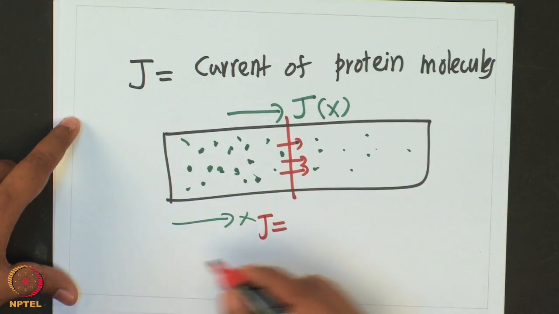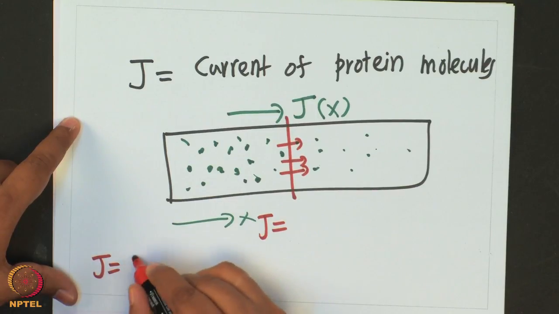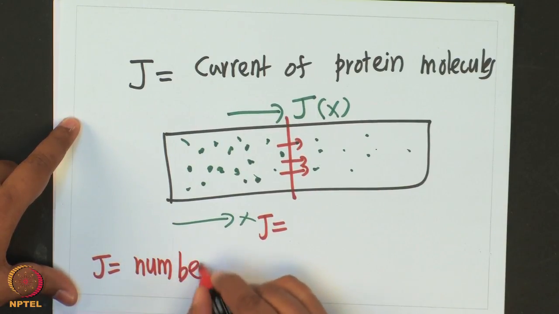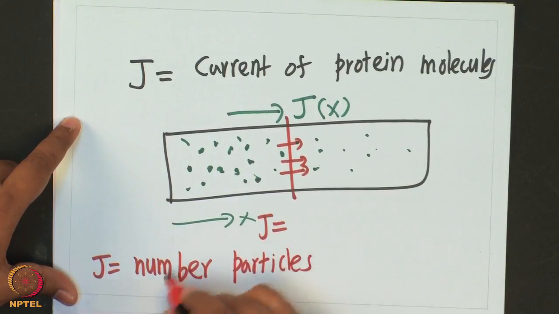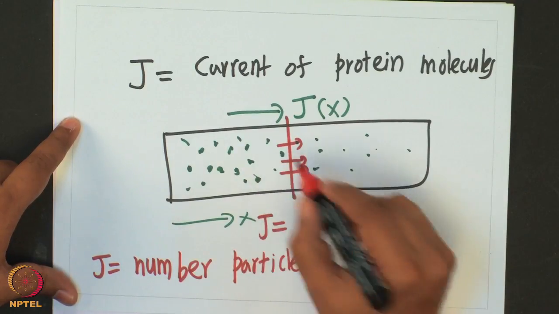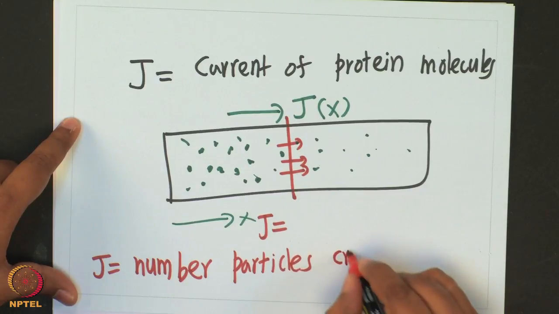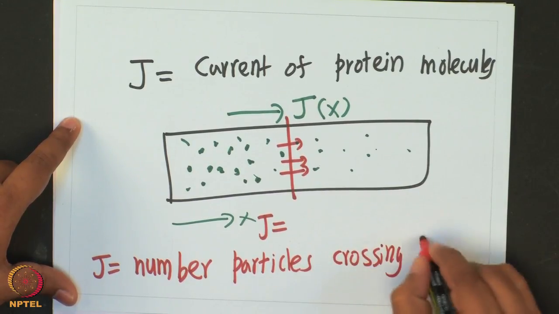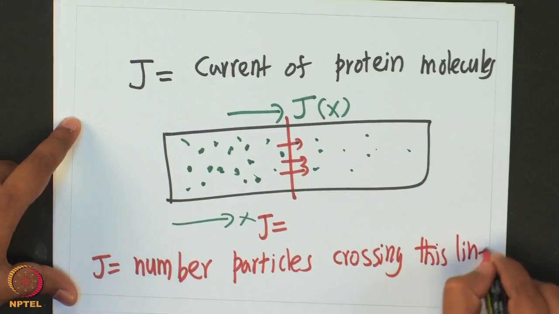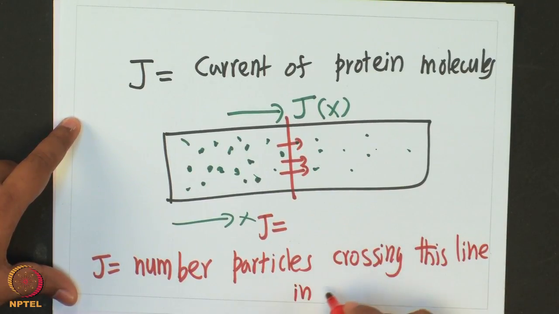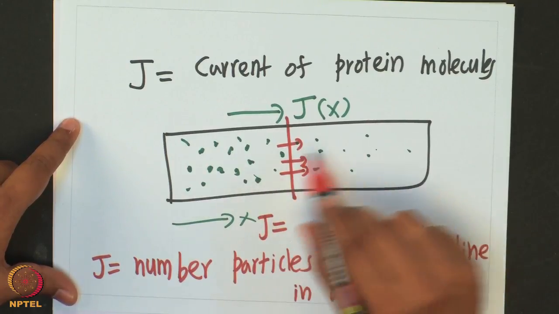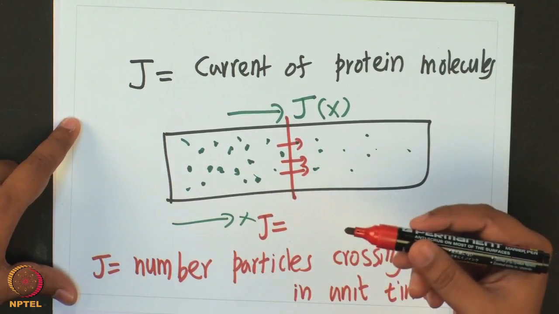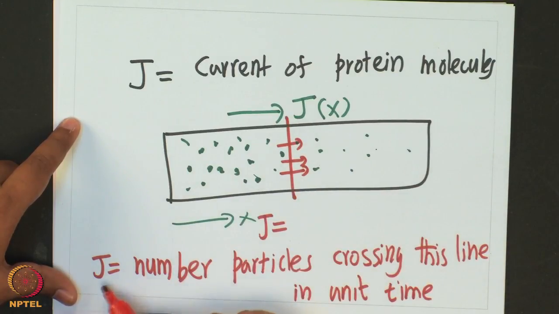When I say particle, I mean protein molecule here. So J is the number of protein molecules crossing this line in one second, in unit time. If I take a unit time, how many particles are crossing? That would be the definition of J.